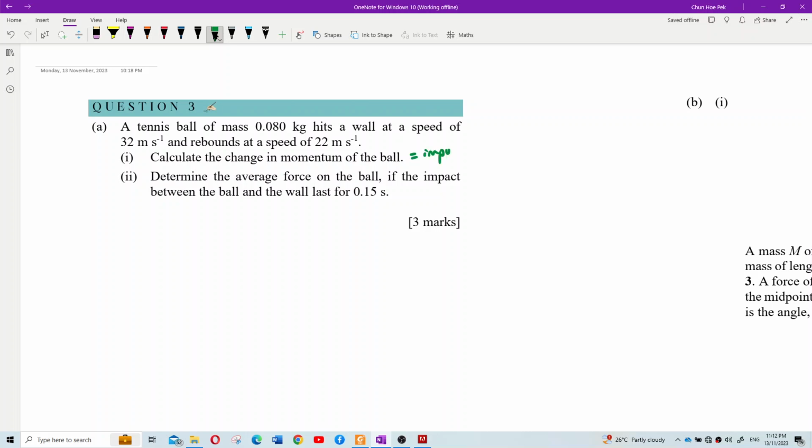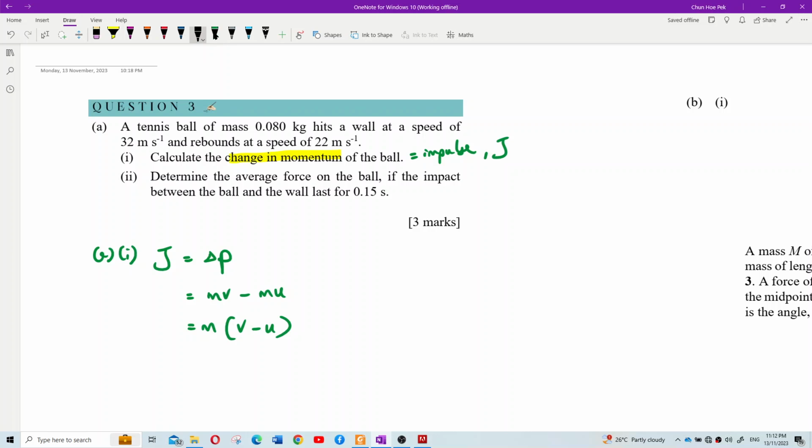Change in momentum is actually impulse, symbol J. So J is the change of momentum, which is also mv minus mu, which is also mass, factor out v minus u.